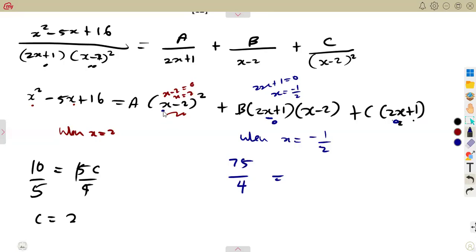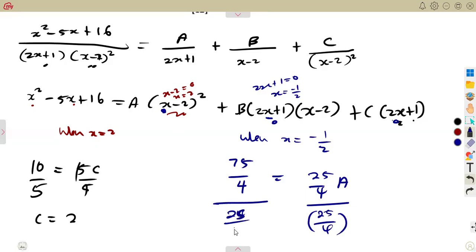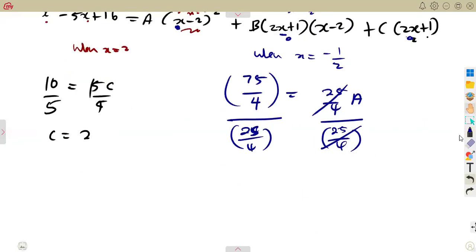You substitute minus half in the bracket where A is, and you obtain 25 over 4 A. So you can solve for A by dividing by 25 over 4, you cancel, and there we have the value of A, which is 3.